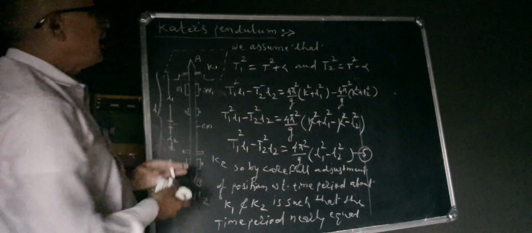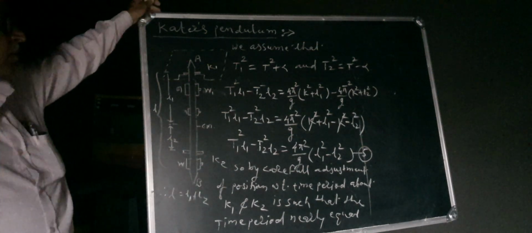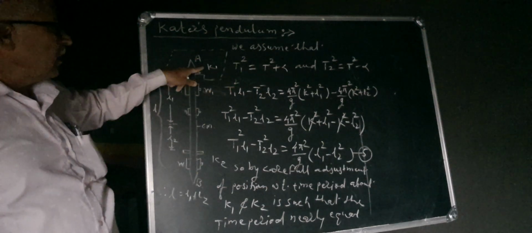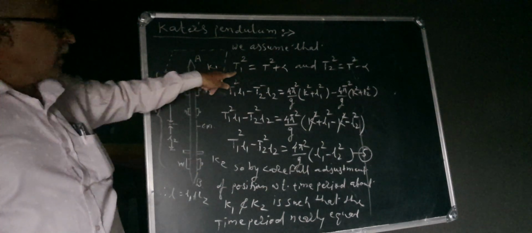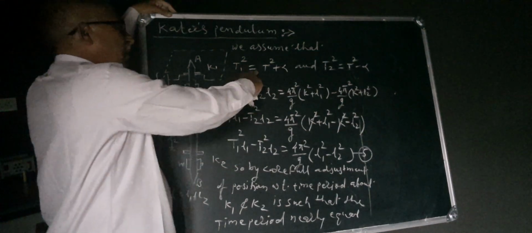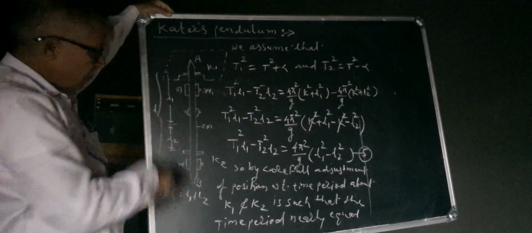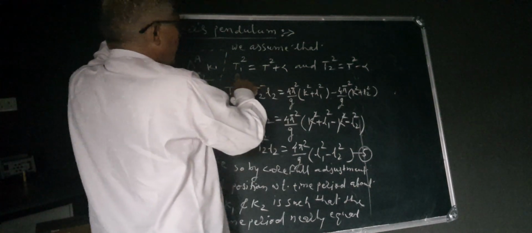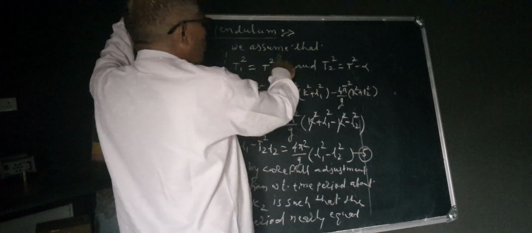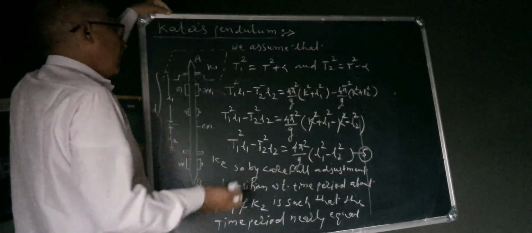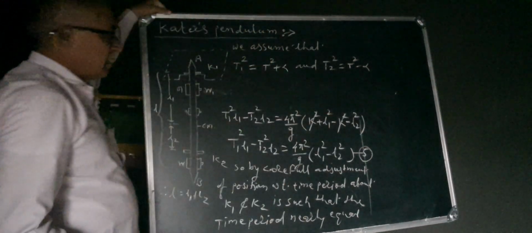This is the difference in the time period. Suppose when the pendulum is suspended at knife edge K1, the time period is calculated, and if there is some difference by adjustment of these weights, then we suppose T1 square equals T square plus alpha and T2 square equals T square minus alpha. Now putting these values of T1 and T2 in equation number 5.